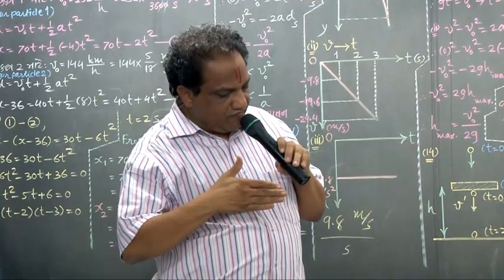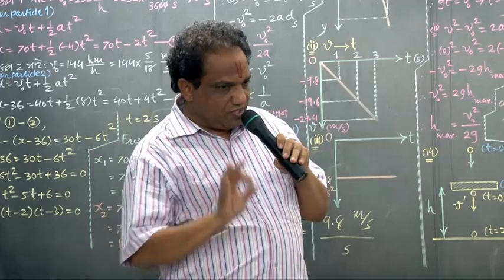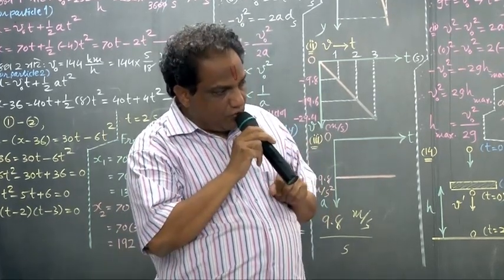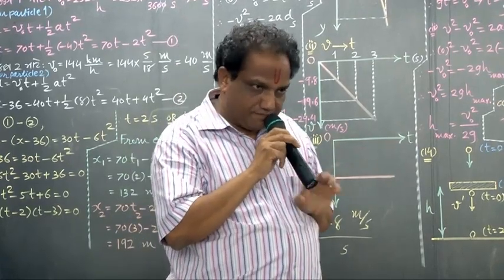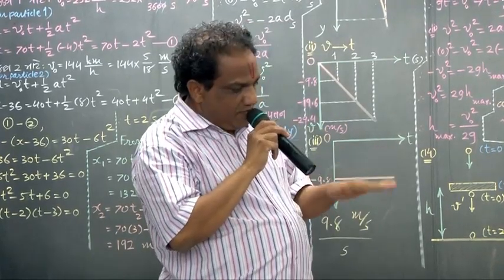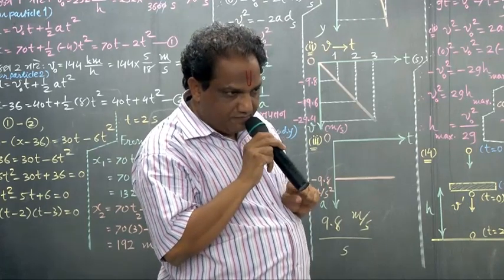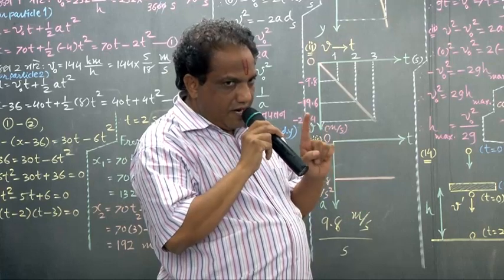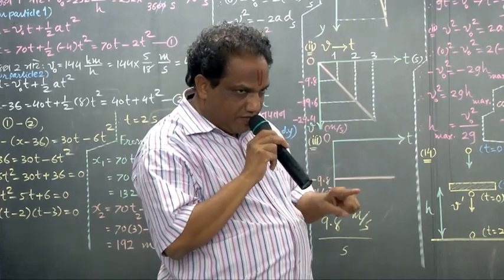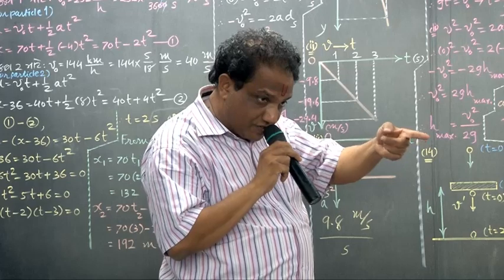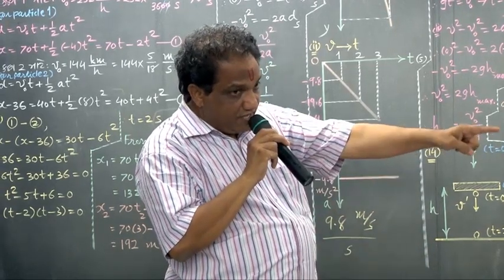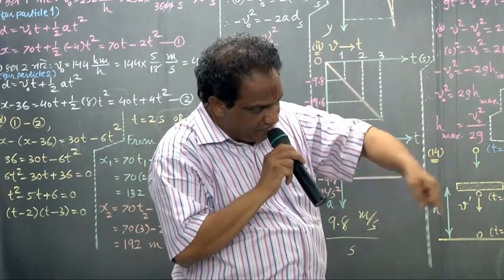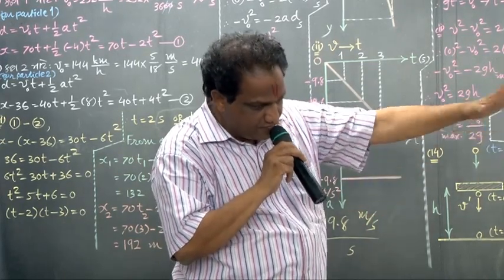You are driving some vehicle with a speed V0, suppose, and you need to apply the brakes. Then you will apply the brake, then what will happen? Speed will decrease. From the moment you apply the brake till the vehicle gets stopped, the vehicle must have traveled some distance.